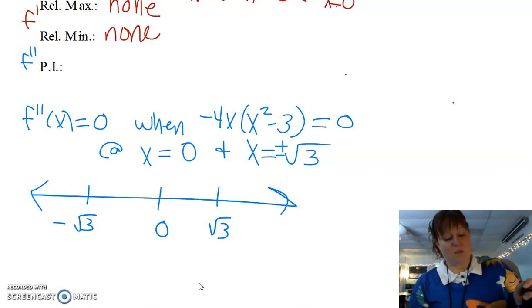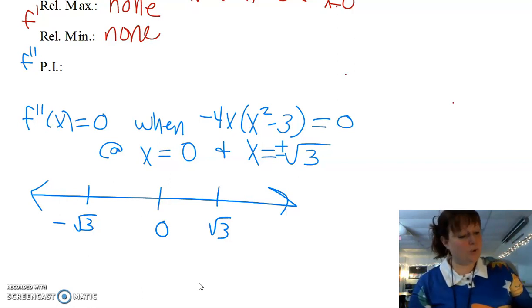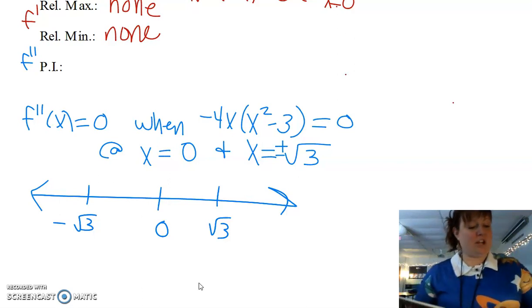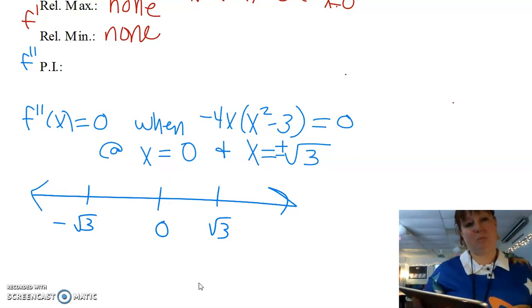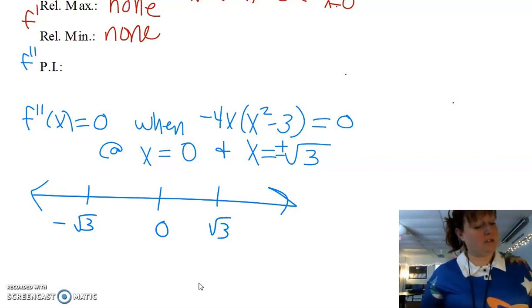Well, if we go to -2, put -2 into my second derivative. Oh, I forgot to check if it was undefined. It's not undefined because the denominator is never equal to 0. So that would be our other pip, but it's not.